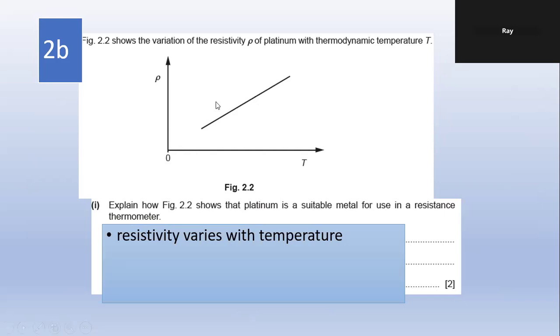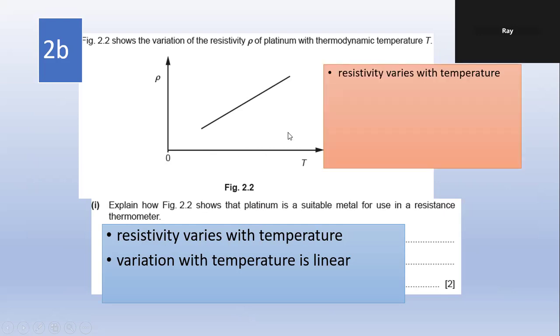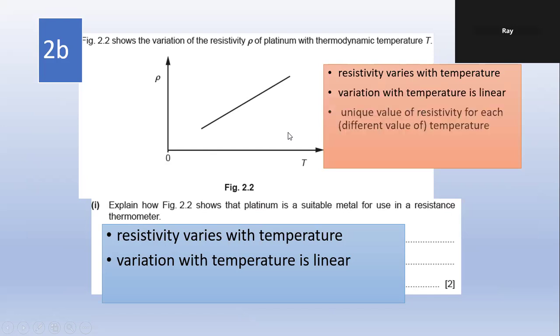One value of resistivity for one temperature, that's a requirement. Second point, variation with temperature is linear. It's a straight line, not a curve. Right? Liquid-in-glass is a curve. These are the answers. Alternative answer.